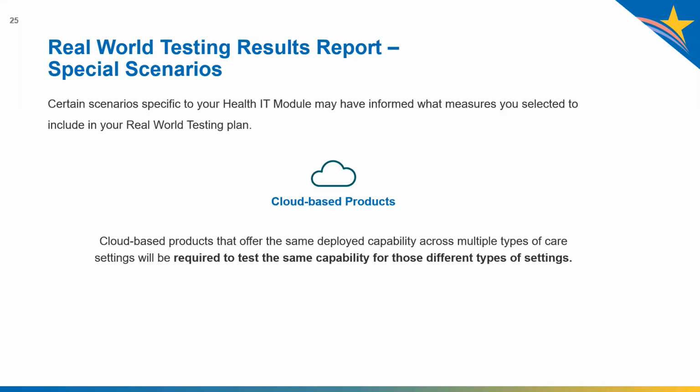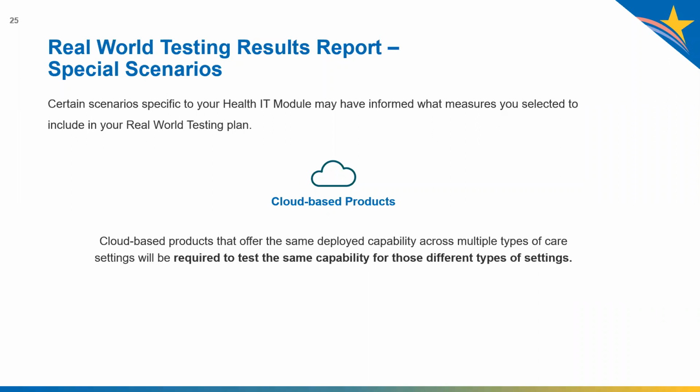We understand that it may seem redundant, like you're kind of going through the motions, but because a care setting type is an element that must be captured in your real world testing, because you are required to conduct those observations and collect the results in each care setting type, even if you are cloud-based and the way you roll out your updates and your functionality, you still have to cover those different care setting types, okay?